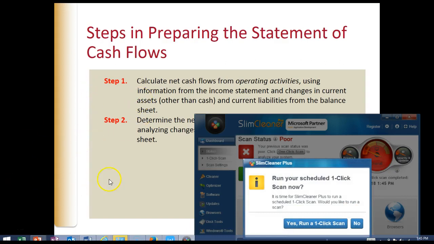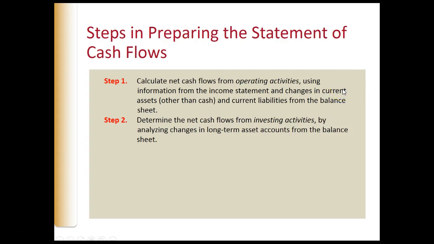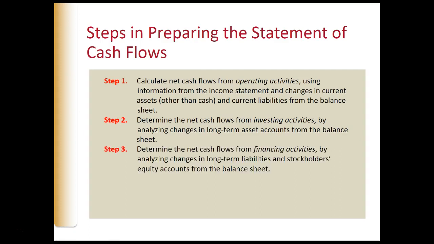Then step 2 is to determine the net cash flows from investing activities by looking at changes in long-term asset accounts from the balance sheet. Step 3 is determining the net cash flows from financing activities by analyzing changes in long-term liabilities and stockholders' equity accounts from the balance sheet.